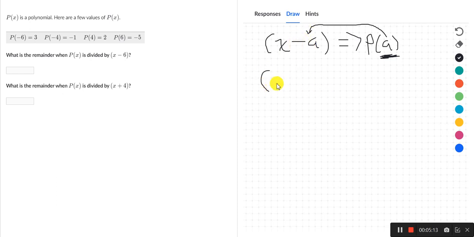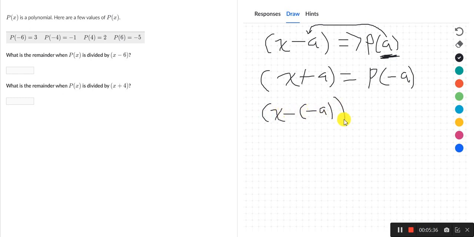When your binomial has a positive number, that means you evaluate p at a negative number, in other words x minus a where a is negative. In these cases, p of negative 4 is going to be negative 1, and that's your remainder.